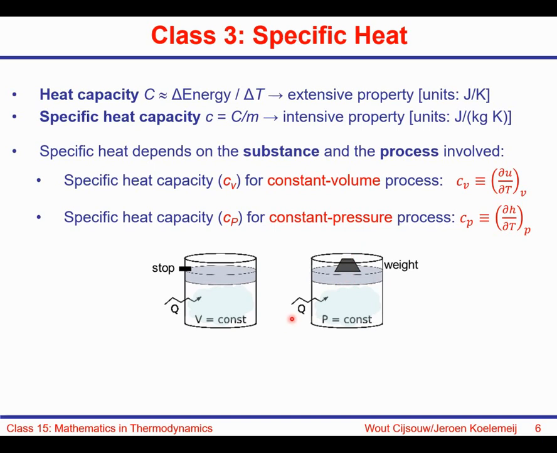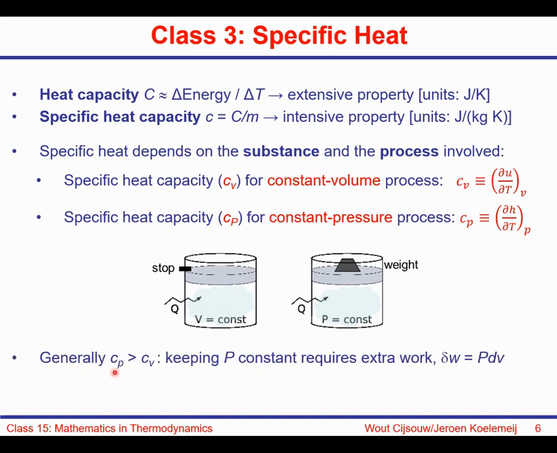So the amount of heat that we are adding cannot be fully converted into the motion or the temperature of the gas, but some of the energy actually has to be used to move the piston and do the work. And for this reason, the specific heat, Cp, is usually larger than Cv.